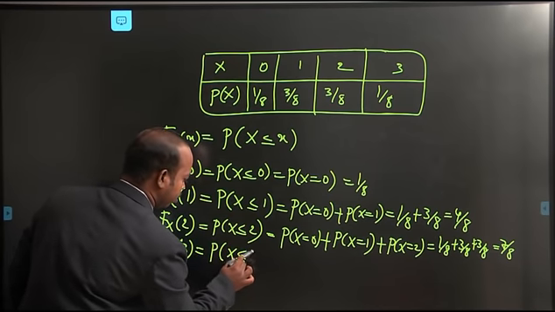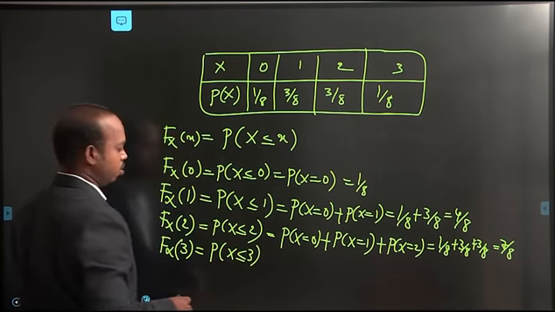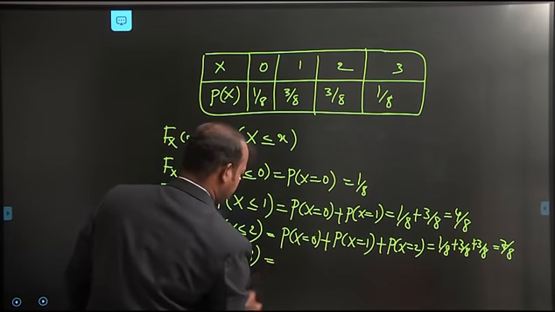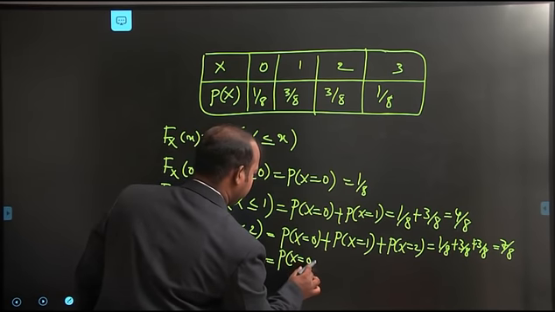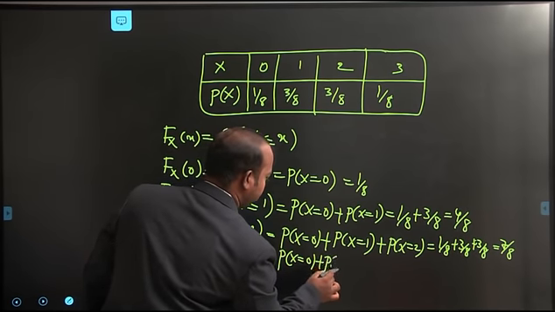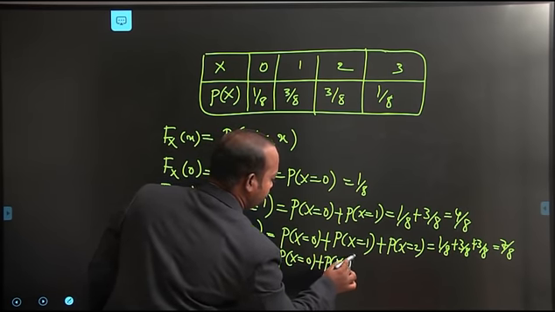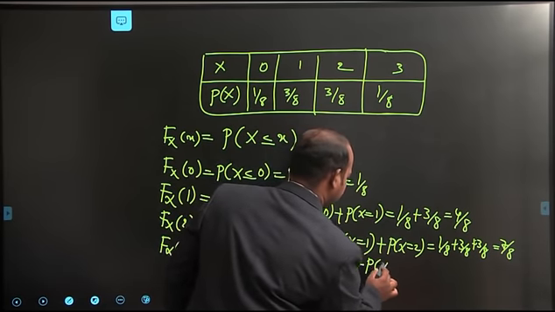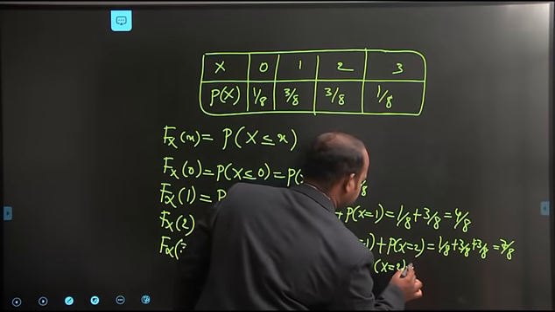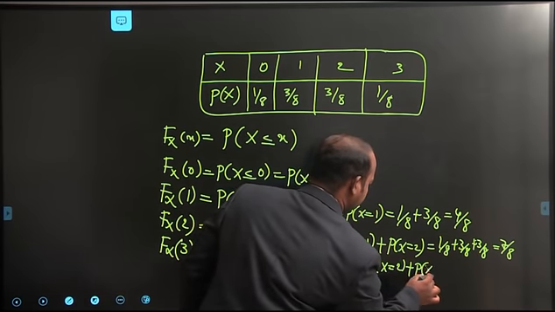Now we can find the distribution function F_X(3), which is equal to the probability of capital X less than or equal to 3. That is the probability of x equal to 0 plus the probability of x equal to 1 plus the probability of x equal to 2 plus the probability of x equal to 3.